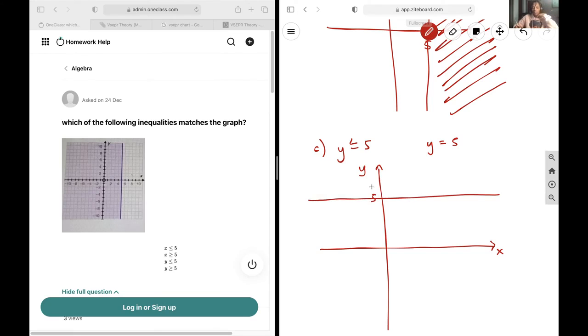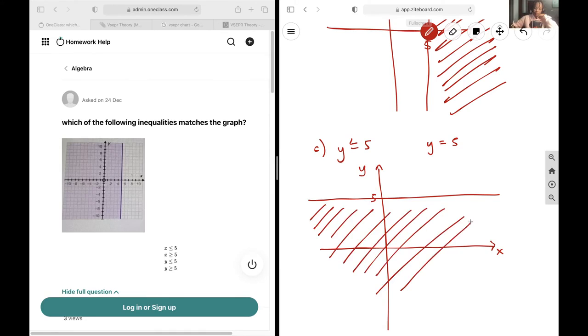Okay, and then we have y is less than or equal to. So I want all points including this line and below it. On the y-axis, that is 5 and below. So 5, 4, 3, 2, all the way until negative infinity. And that will look like this on the graph.